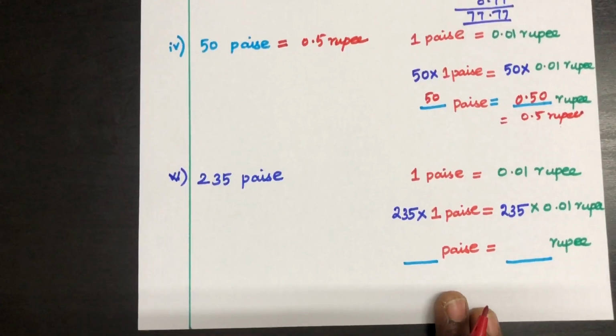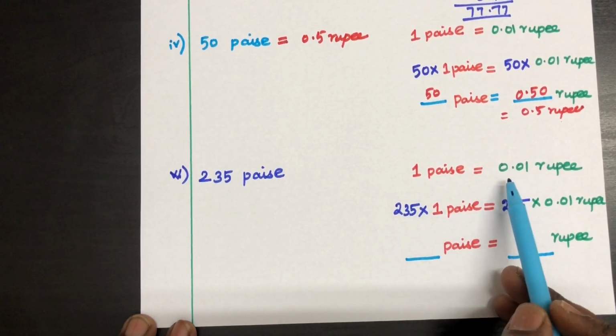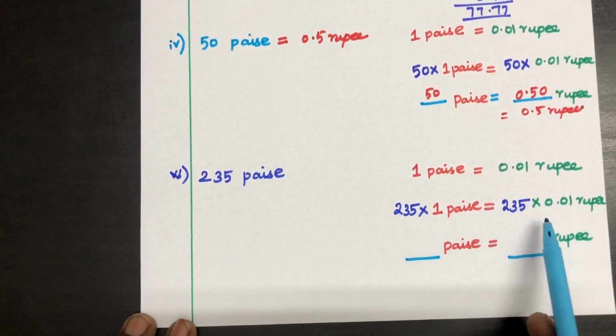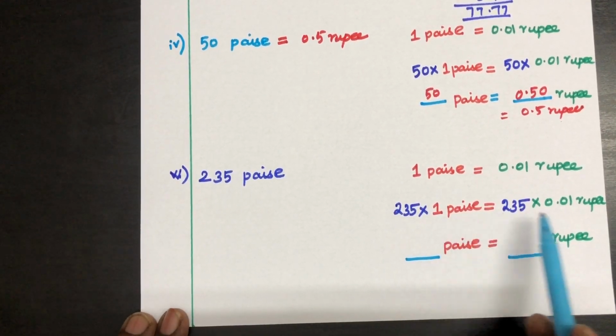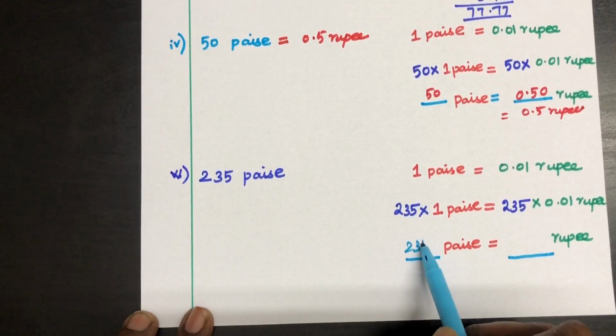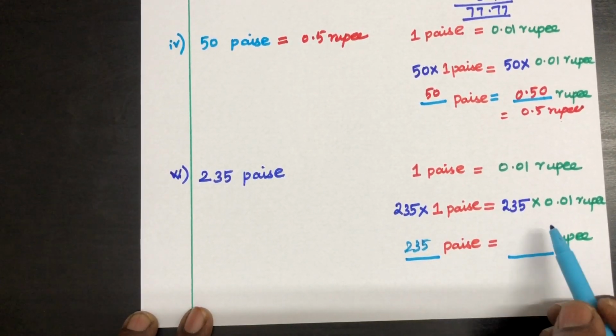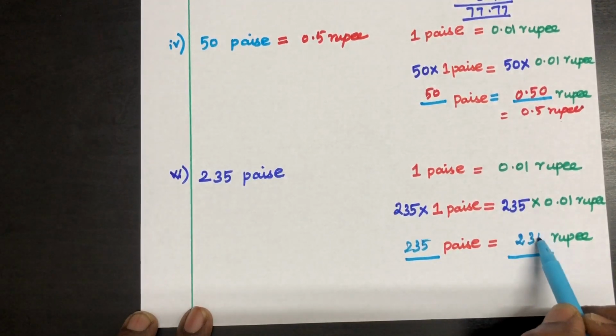Now 235 paise. How to do this 235 paise? 1 paise is equal to 0.01 rupee. So multiply both sides with 235. We will get 235 paise's value in rupee. 235 into 1 is 235 paise. This is equal to 235 into 1, which gives us 235.